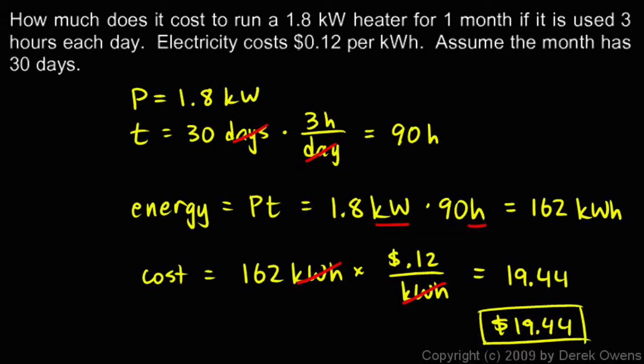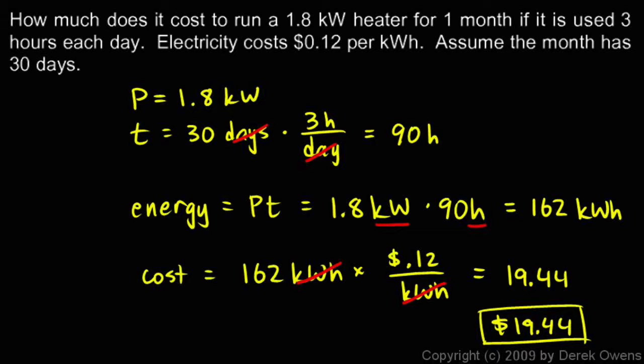Convert 60 watts to kilowatts by dividing by 1,000. 60 watts divided by 1,000 equals 0.06 kilowatts. Calculate the number of kilowatt hours by multiplying the power in kilowatts by the number of hours. Number of kilowatt hours equals 0.06 kilowatts times 10 hours equals 0.6 kilowatt hours.